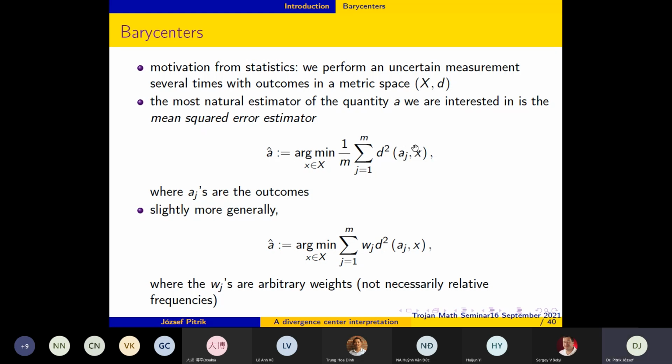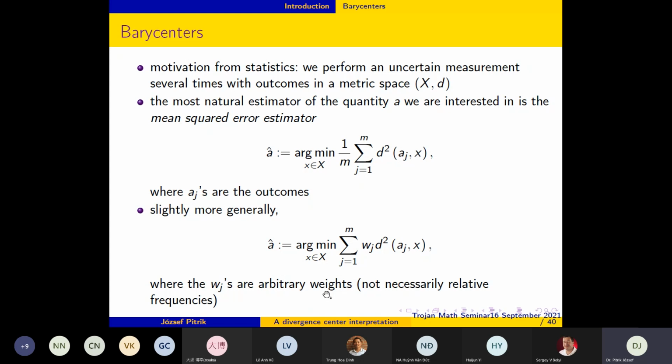And the goal is to solve this optimization problem. Here, the A_j's denote the outcomes of the measurement. Slightly more generally, we can consider the following optimization problem, where the equal weights 1 over m are changed to arbitrary weights w_j.